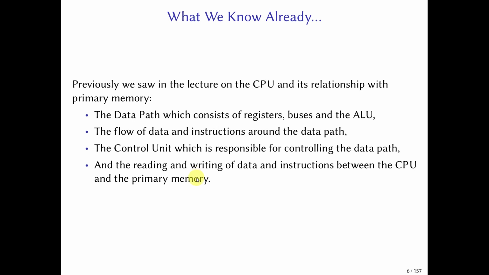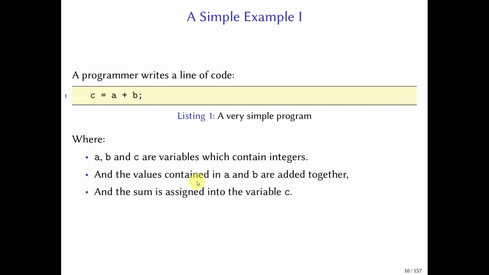So I won't recap them here, but instead I'll move very quickly on to a simple example program. You'll recall from the class that we start out with something that we might see in an ordinary program written in a programming language like Java.